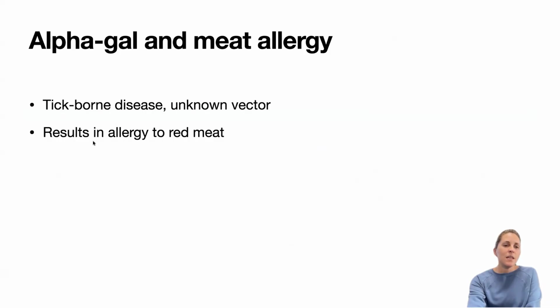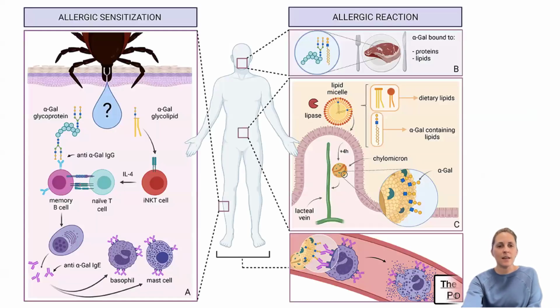But what it ends up doing is resulting in an allergy to red meat. And I kind of chuckle, and I shouldn't, because I believe that somebody passed away from anaphylactic shock. It was previously a nuisance, but now it is a bit more serious.